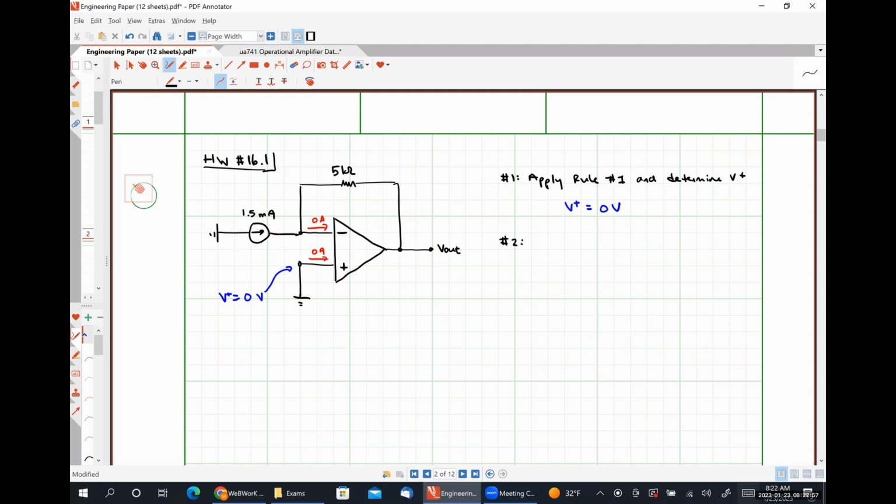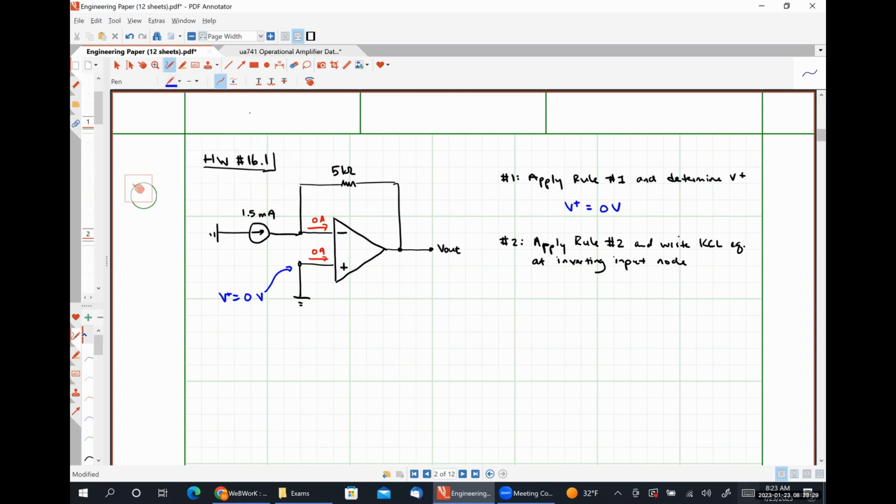Our second step is going to be apply rule number 2 and write a KCL equation at the inverting input node.